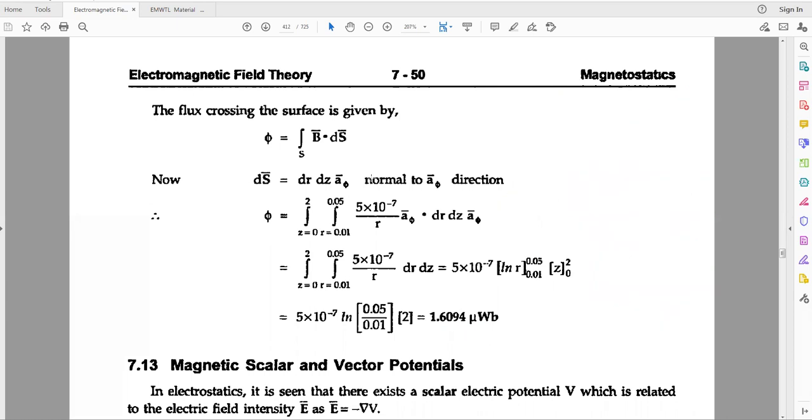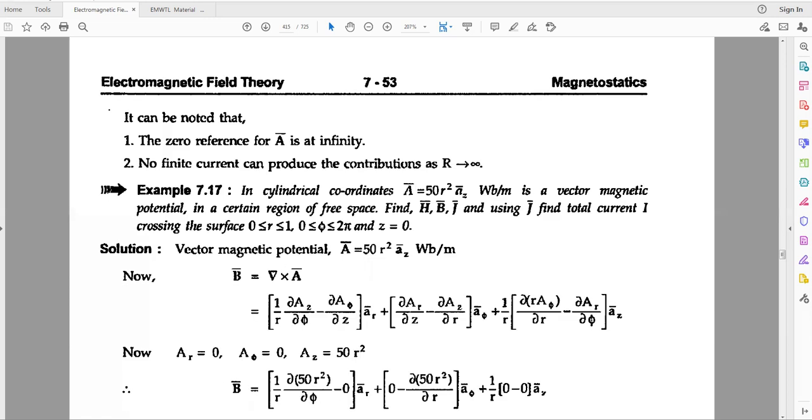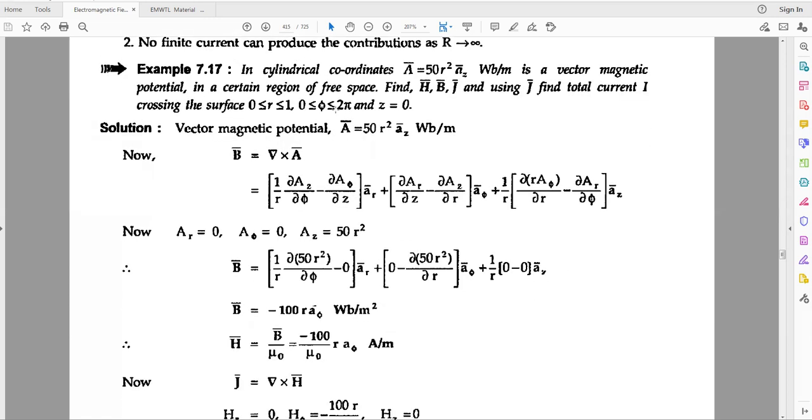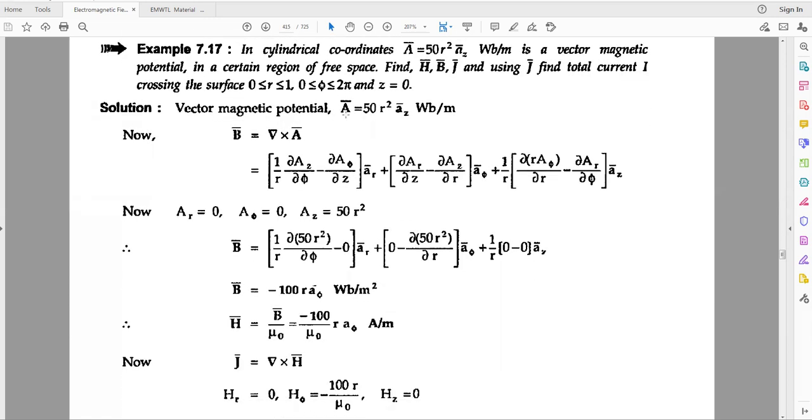The next example. Here also they have given the cylindrical coordinate system.